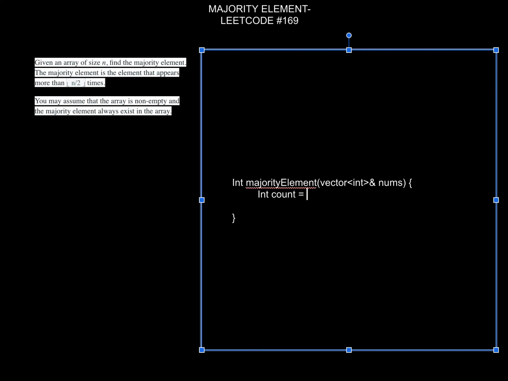So int count is equal to 1. We could go int answer is equal to nums[0], the first element in our vector using 0 indexing.